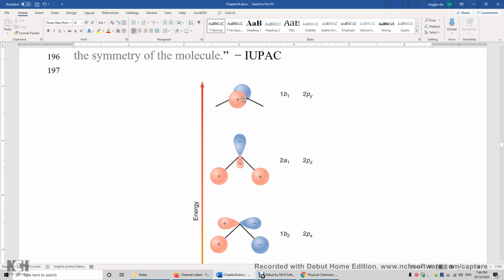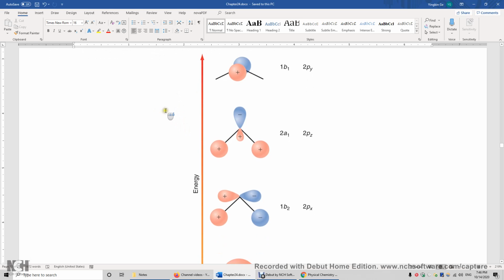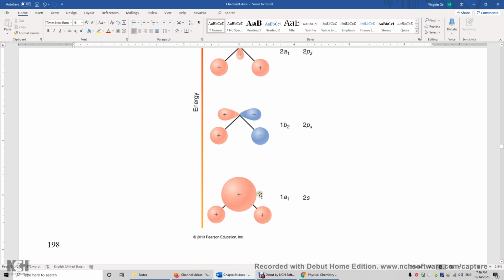But if you learned general chemistry, you know water has 4 lone pair electrons, not just 2. So where are the other 2 lone pair electrons? Well, some here. Some here. The top half of this 2s orbital, centered on the oxygen atom, is the lone pair electron.